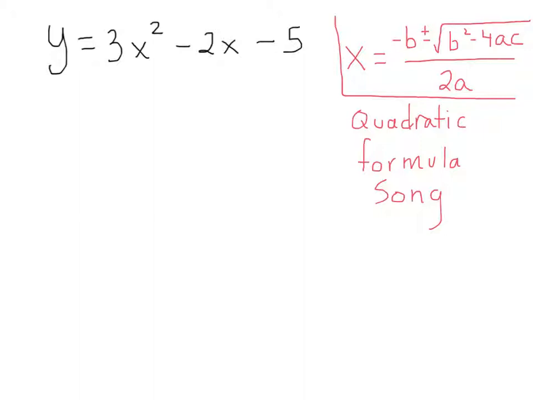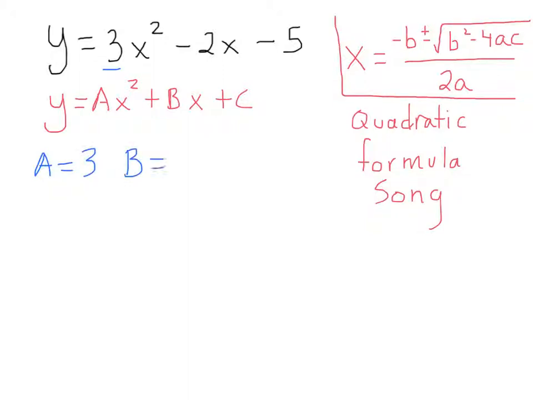Okay, so let's do this. Now let's remember that this equation is written in the form y equals ax squared plus bx plus c. So the first thing I'm going to do is label what a is. a is 3. b is negative 2.